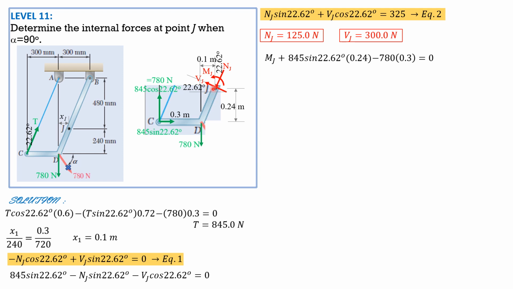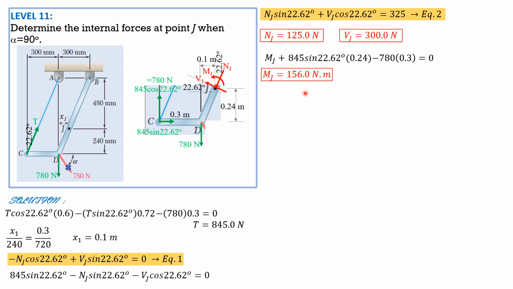We sum up moment about J, but since 780 and 780 constitute a couple, the moment of the couple is 780 times 0.3. Same is true if you sum up moment here. So minus 780 times 0.4, then plus 780 times 0.1. So it's the same. Solving for MJ is equal to 156 Newton meter.